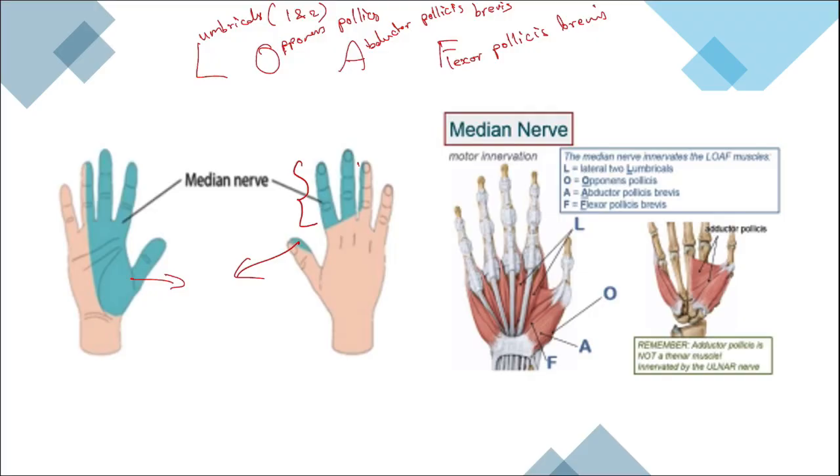Okay, so always we have to remember adductor pollicis is not a thenar muscle, because the adductor pollicis is innervated by the ulnar nerve. But mostly here we can see that the median nerve is innervating the LOAF muscles, that is, L means lateral 2 lumbricals, and opponens pollicis, and abductor pollicis brevis, and flexor pollicis brevis. Okay, so this is the median nerve.